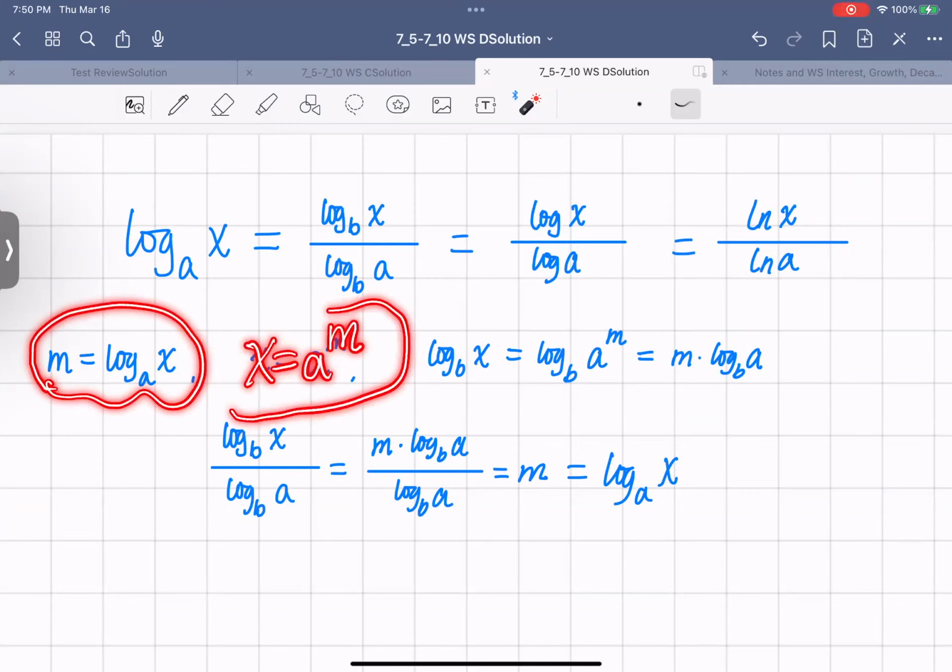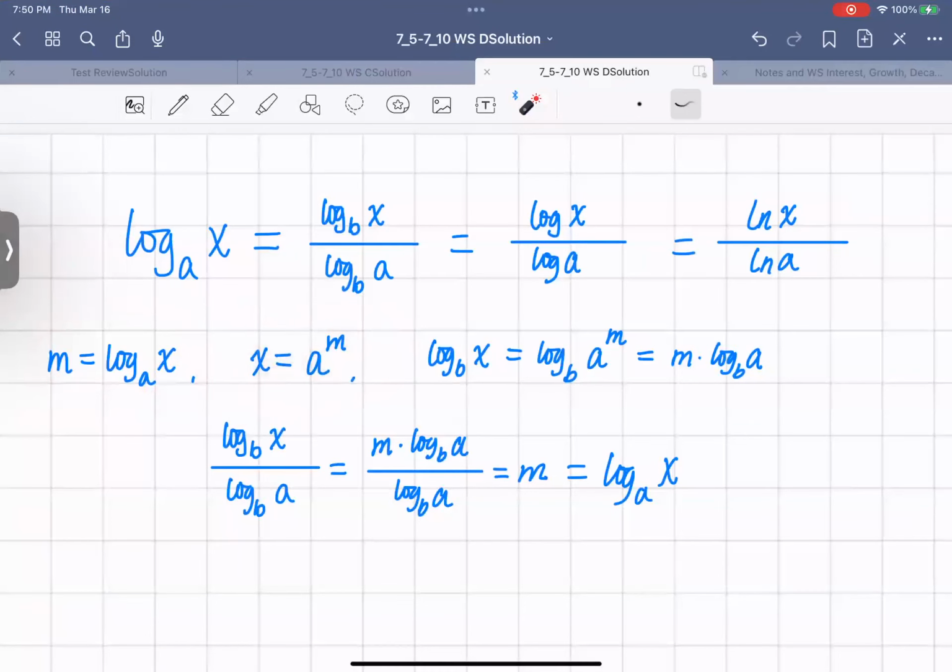After you make X equals a to the power of M, your log base b of X, X is replaced by a to the power of M. And you can pull this M in front. That's our log properties. Now look at this.